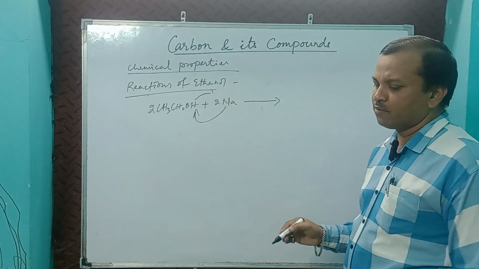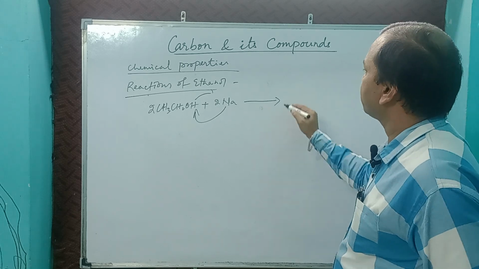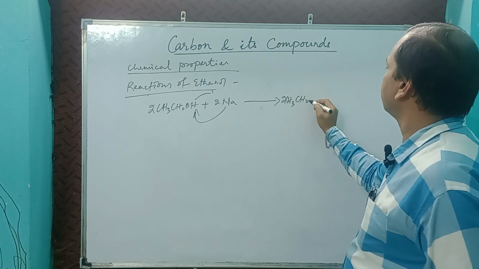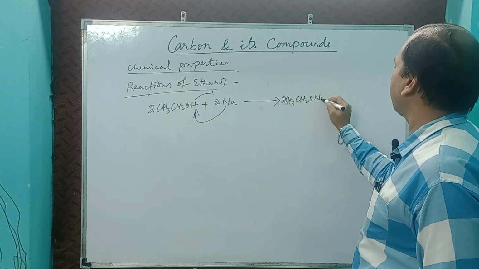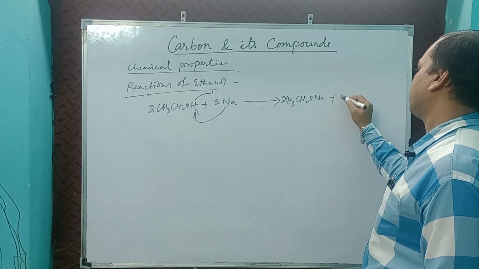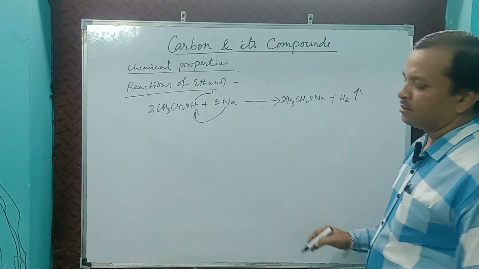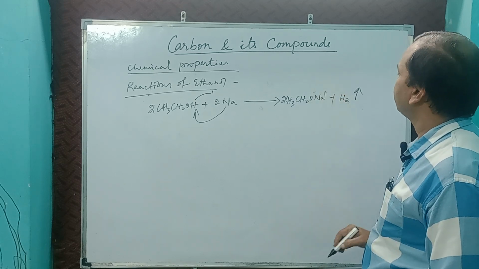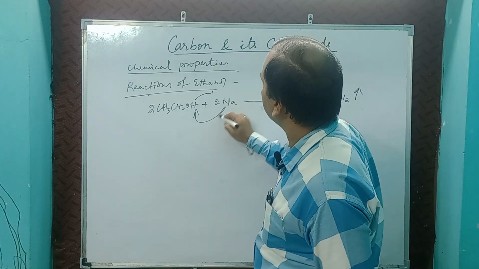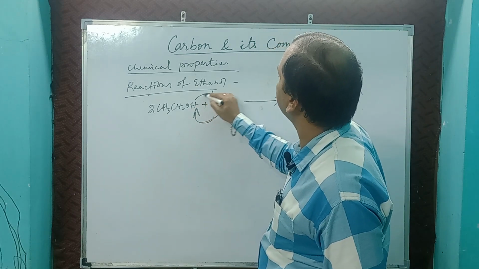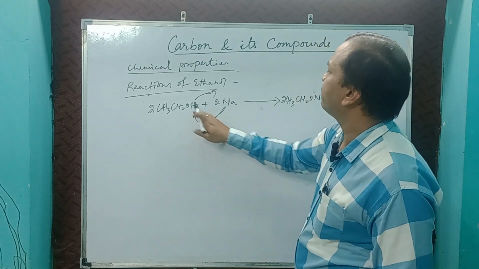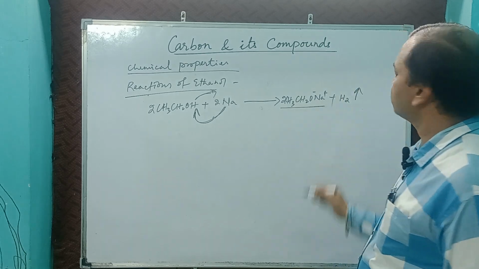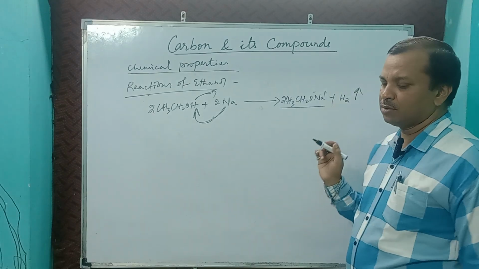Na will go here and H will be removed from here. So we will get 2CH3CH2ONa plus H2 gas. Clear? In ONa, Na is plus and O is minus. 2Na will go here and 2H will be released, so we get 2CH3CH2O minus Na plus and H2 gas.